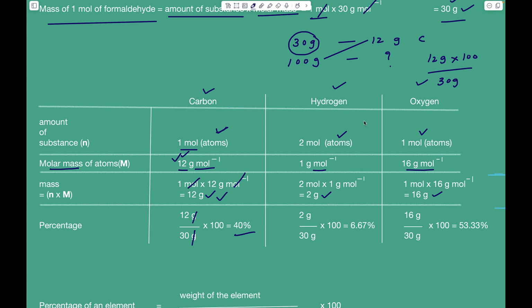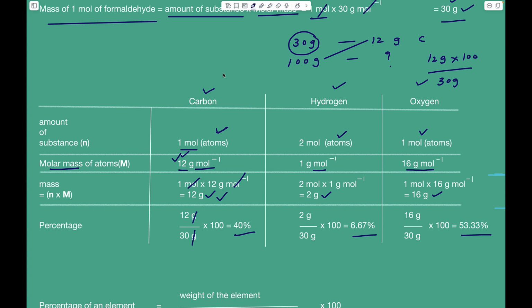Similarly, the percentage of hydrogen is 2 grams multiplied by 100 over 30 grams. So it is approximately 6.67%. And that of oxygen is 16 grams over 30 grams multiplied with 100. And that is approximately 53.33%.